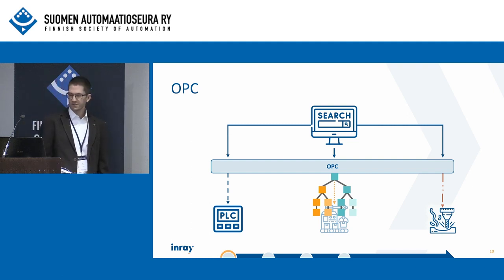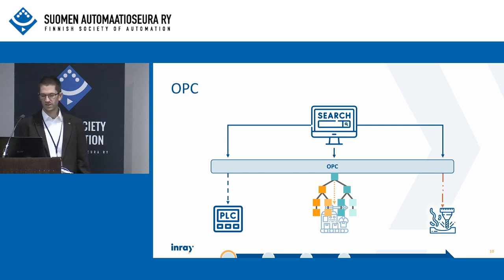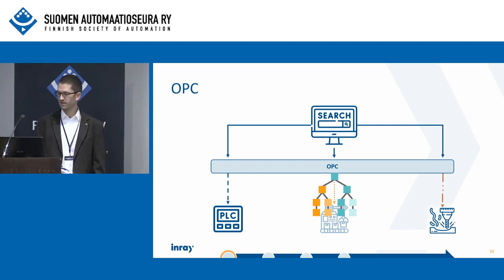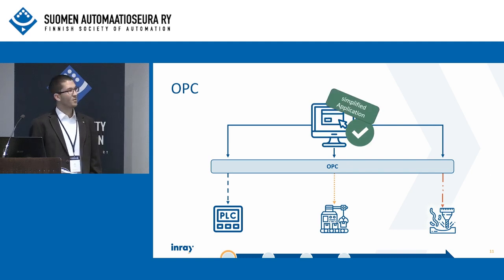Besides these advantages, OPC enables far more, for example, push notifications for value changes and self-describing interfaces via node browsing, which leads to a more simplified application development and integration process.